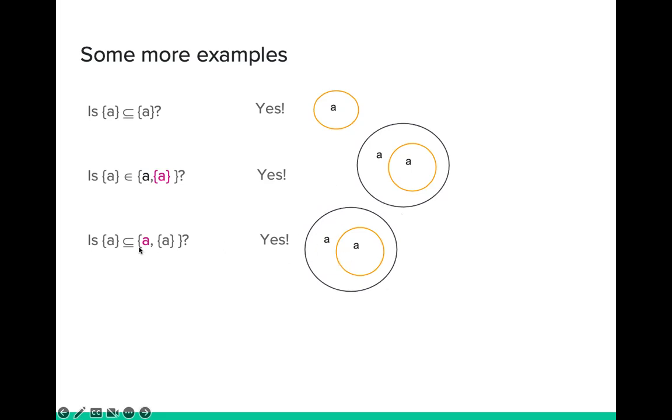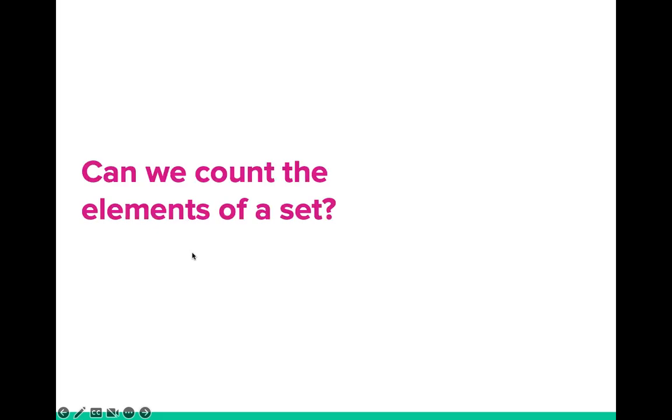Okay, so we can see that it is a subset. Now, is this set A an element of itself? In this case, no. Okay, so unless we remove the curly braces, right, we can say that yes, it will be an element.